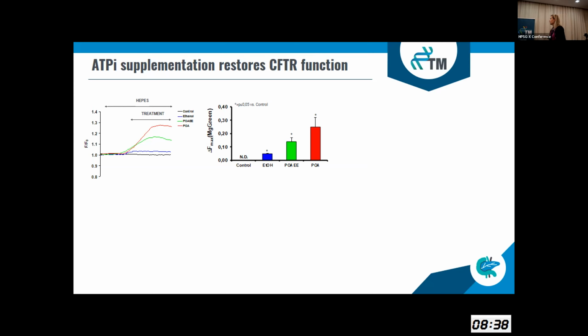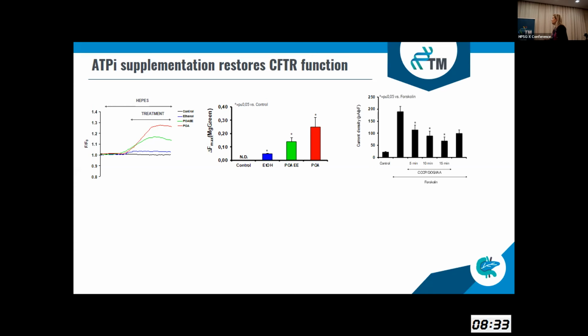In the next step, we wanted to know whether the inhibitory effect of ethanol and its metabolites is due to the depletion of intracellular ATP. Therefore, we used the mitochondrial toxin CCCP and the glycolytic metabolism inhibitors deoxyglucose and iodoacetamide, and investigated the activity of CFTR in the presence of these toxins.